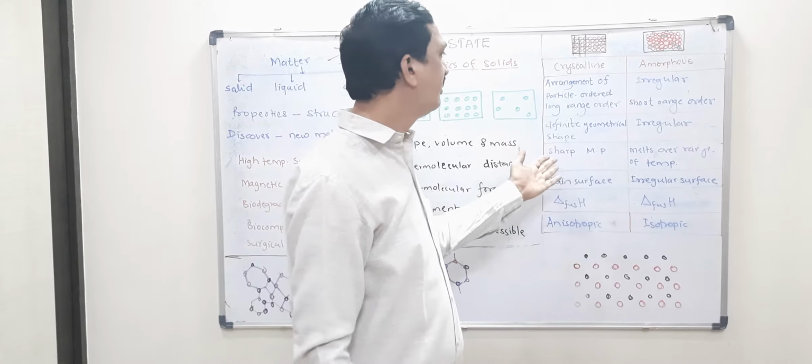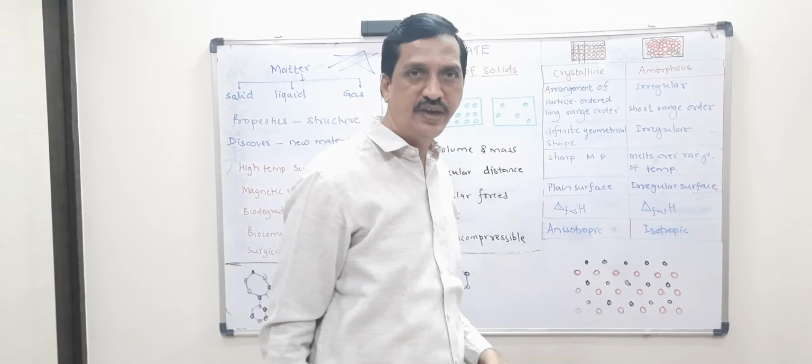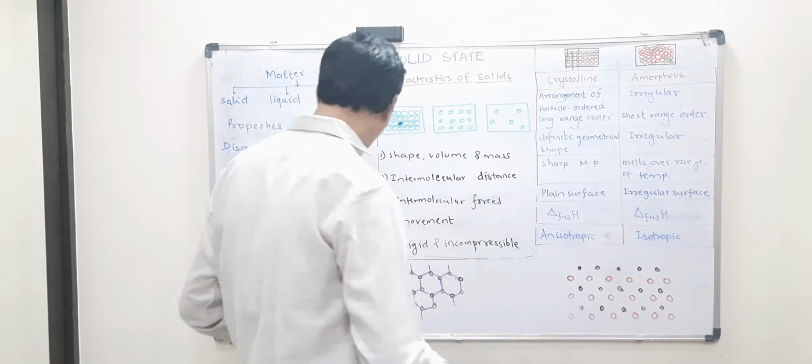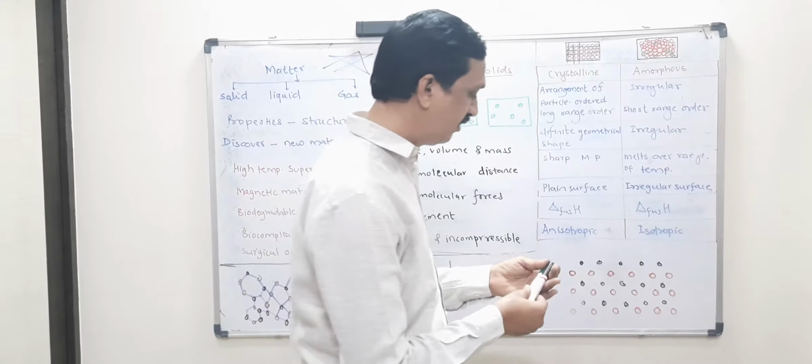Then crystalline substances have a sharp melting point, but amorphous substances melt over a range of temperature. Now, what do you mean by range of temperature? I'll try to explain.